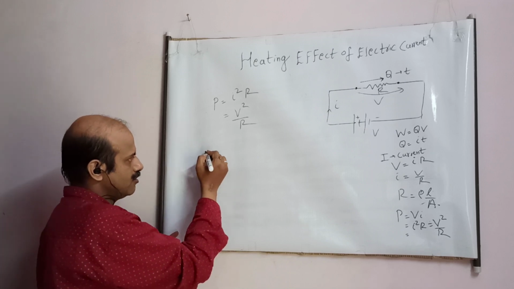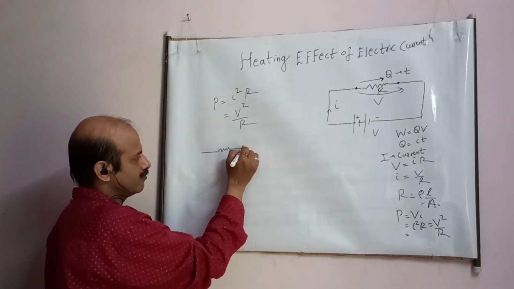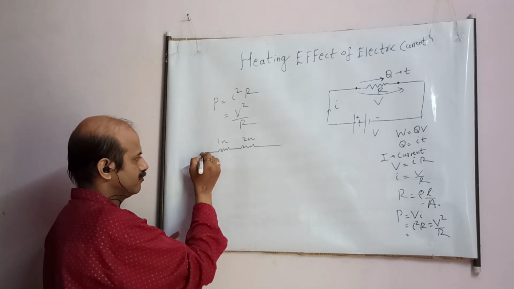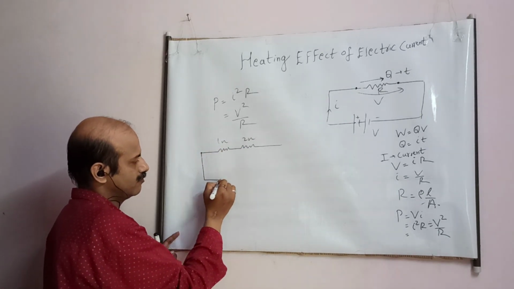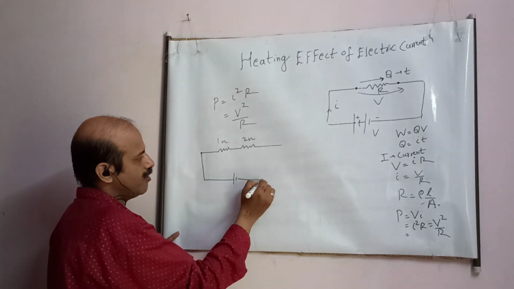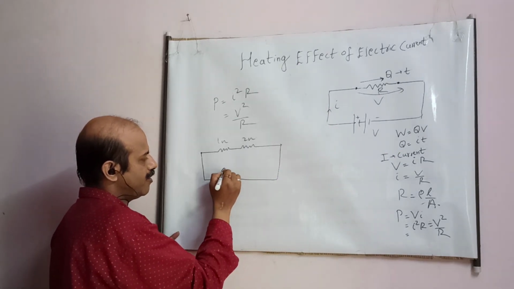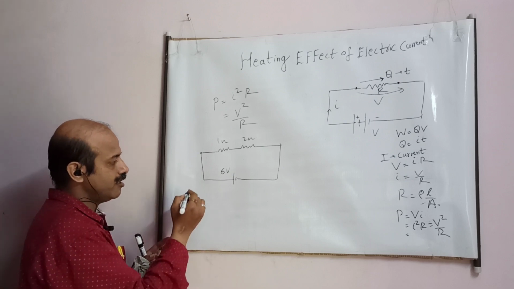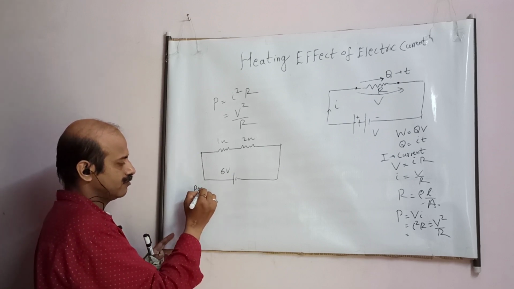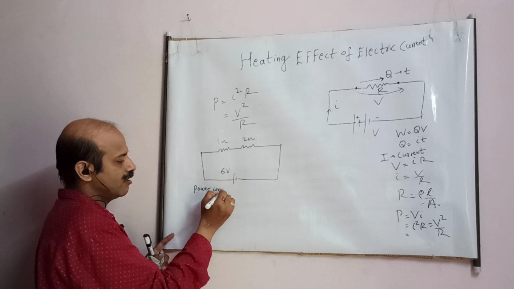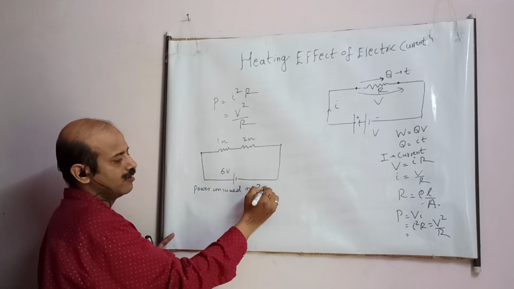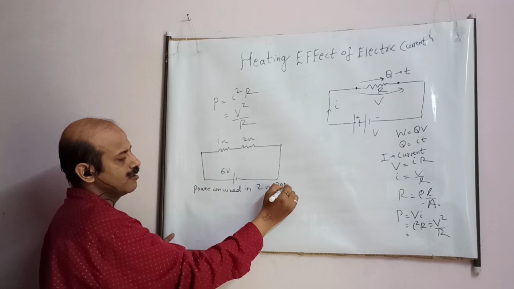Suppose I have two resistors, 1 ohm and 2 ohm. Here I connect a 6 volt battery, student. Now the question is the power consumed in the 2 ohm resistor.